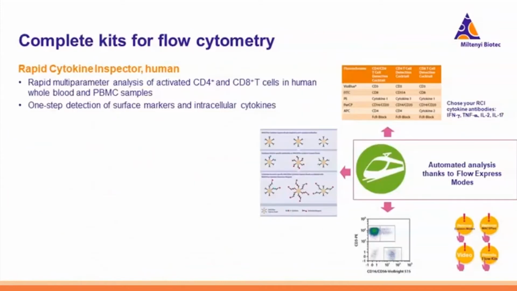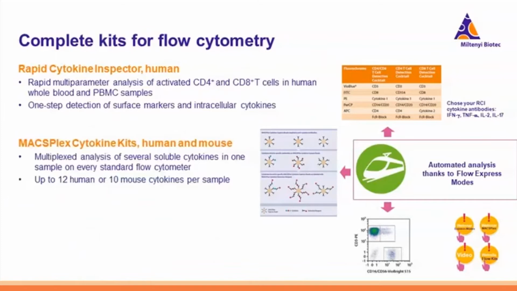However, we not only have the REAffinity antibodies, but we also offer really convenient, ready-to-use flow analysis kits, such as, for example, the Rapid Cytokine Inspector, which enables a rapid multi-parameter analysis of activated human CD4 positive as well as CD8 positive T cells.